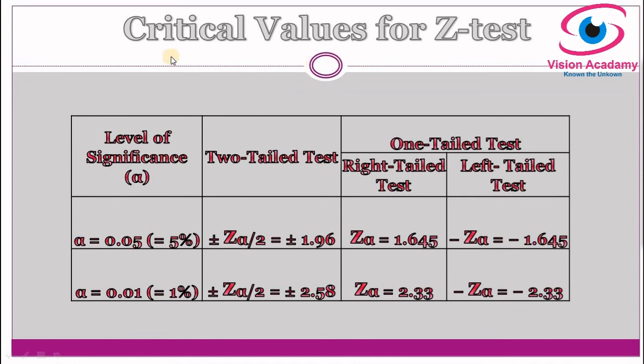For that, we have to obtain the critical value from the Z-table. Our significance level alpha is 0.05 and our test is right-tailed. So at alpha 0.05 for a right-tailed test, the Z value is 1.645.